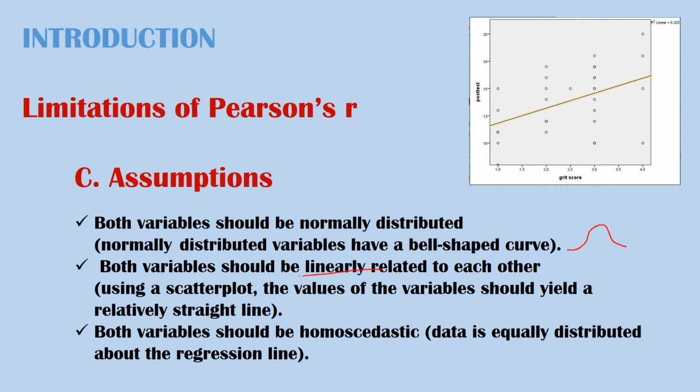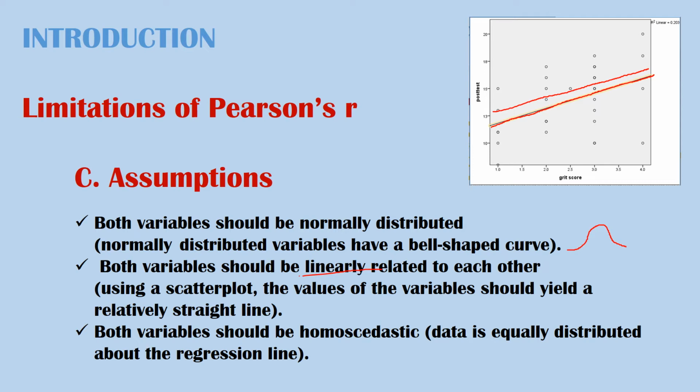Using a scatter plot that can be generated in SPSS, the values of the variables should yield a relatively straight line as shown in this example graph. Or we can also plot it like that. All right. So next, both variables should be homoscedastic.